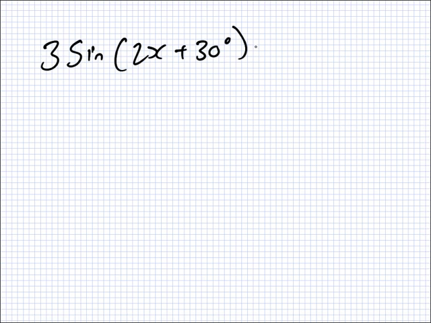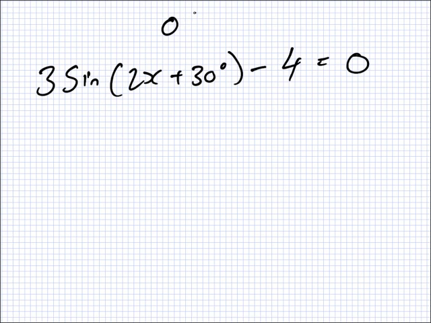Let's say I have something like 3 sine 2x plus 30 degrees minus 4 equals 0.